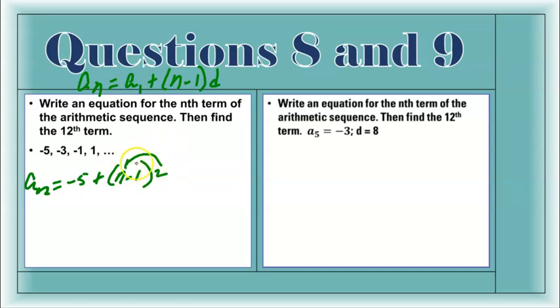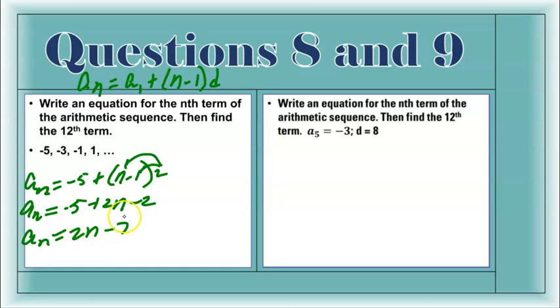So if I distribute the 2, I have a subscript n equals a negative 5 plus 2n minus 2, which will give us an equation of a subscript n equals 2n minus 7.